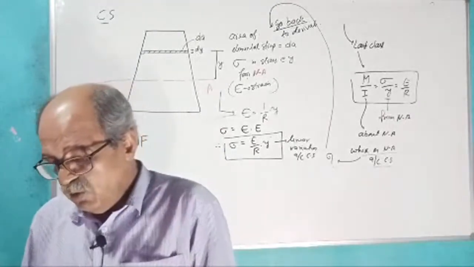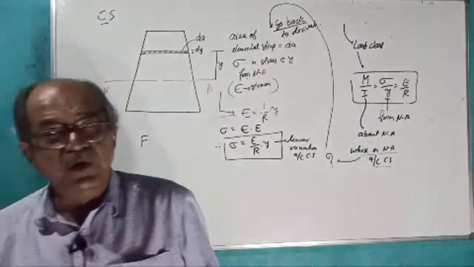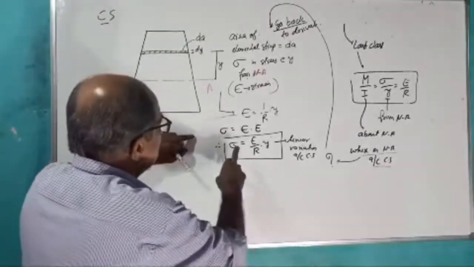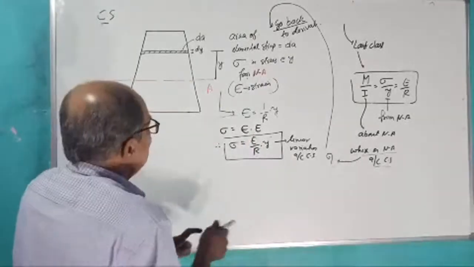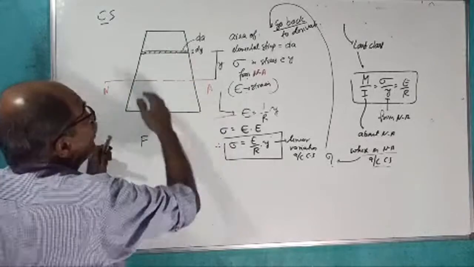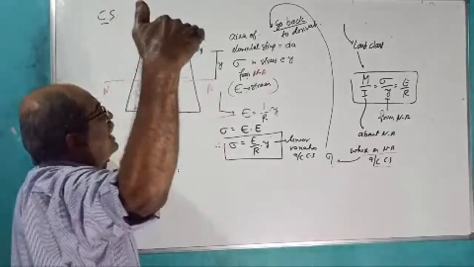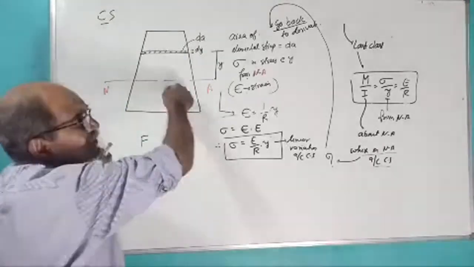Now, one minute further. Sigma equals E by R into y, you already got. Therefore this elemental strip will have a force. The force will be like this, compression. If I take a strip here, the force will be tension.